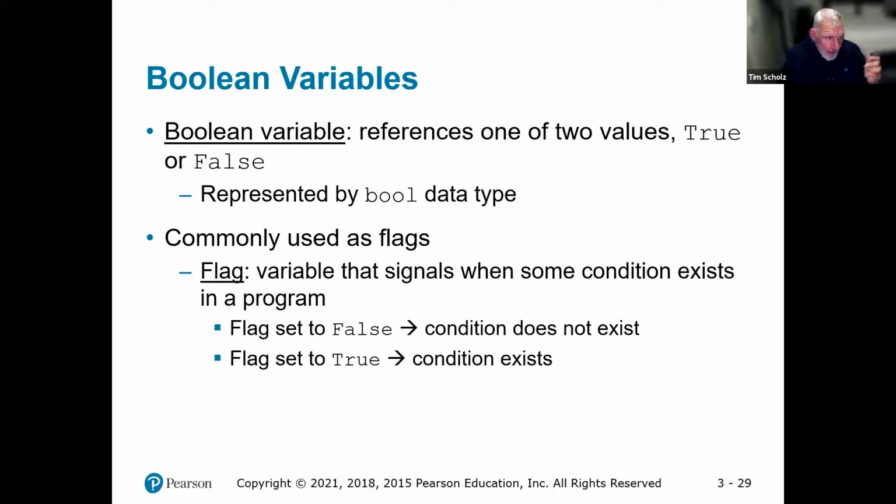If I do a calculation to see if you're eligible for something, and I take the Boolean expression that determines if you're eligible and put it into a variable called is eligible, now when I look at that variable, I know whether you've met the condition, by it being true or false.